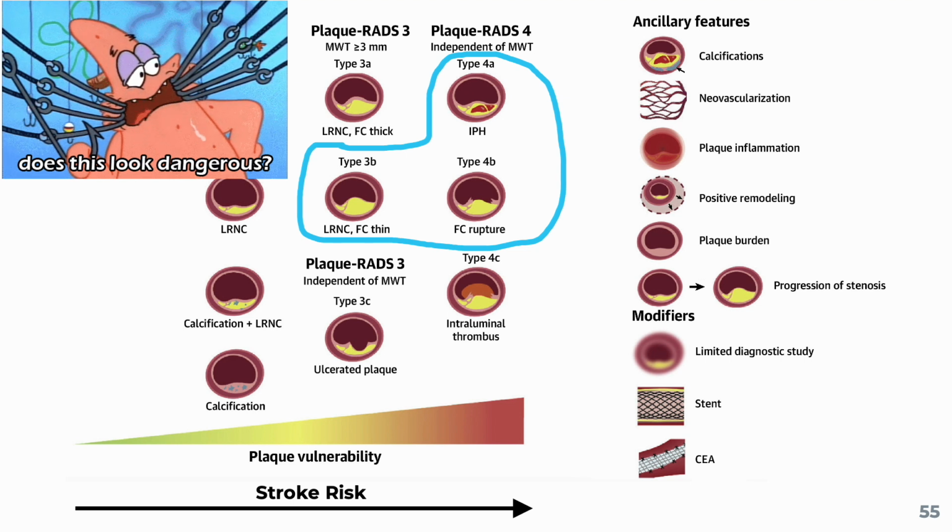And knowing what I know now, and having learned through the Plaque RADS scoring system the benefit of MRI, I probably would have sent this patient for an MRI study of his carotid bifurcation to further risk stratify his carotid artery. In the end, after discussion in the multidisciplinary cerebrovascular conference, the consensus was that we should send this patient for a left carotid stent, given he continued to have left hemispheric strokes that were recurring.